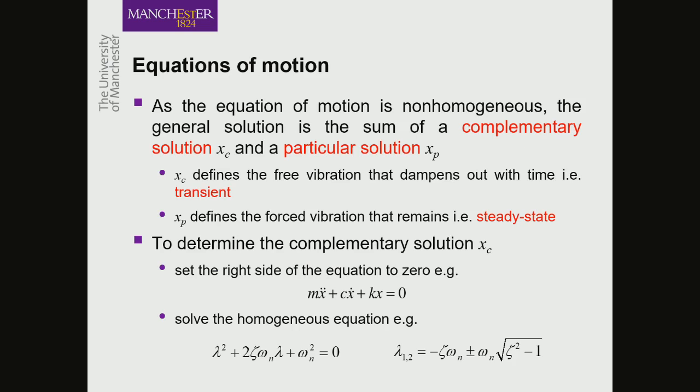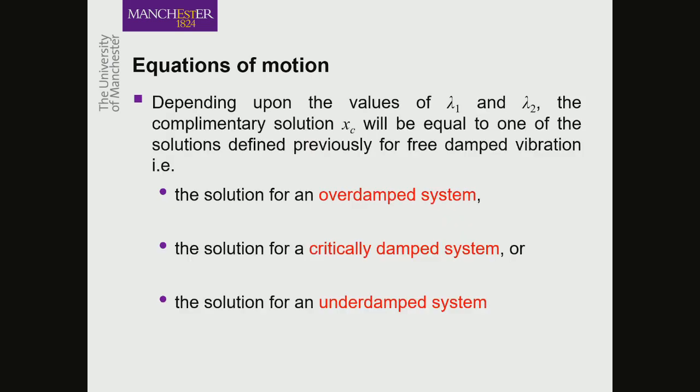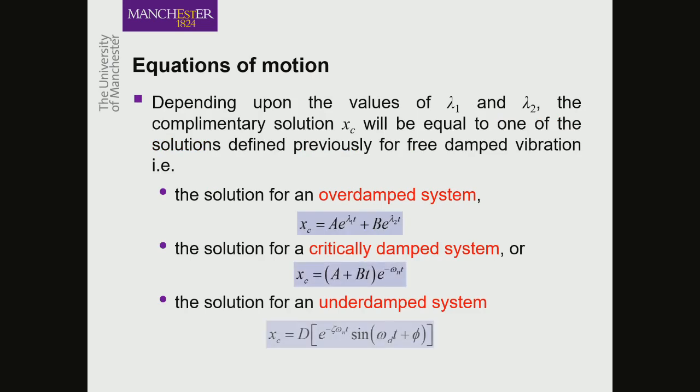One is the complementary part, which dies out with time due to the friction within the system, but the steady state portion is permanent on the system. The complementary part can be represented by those three equations as we saw in subsection 1.3, right?